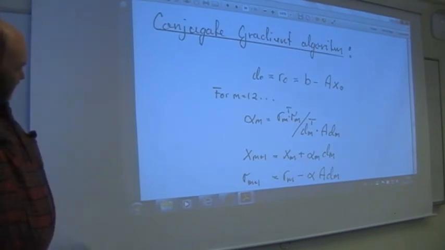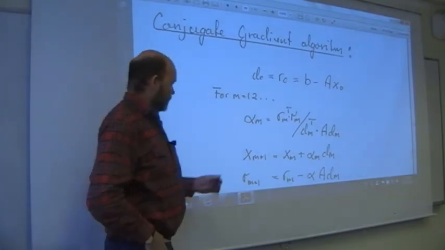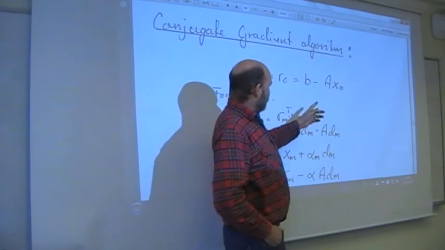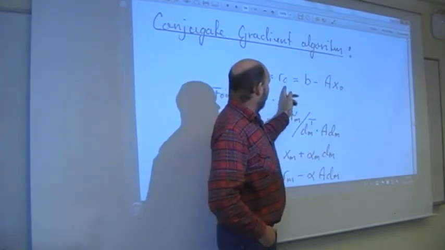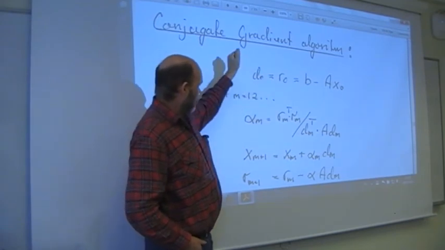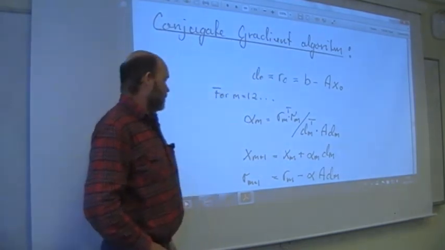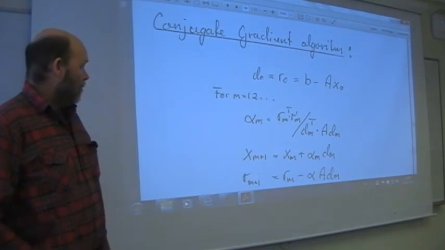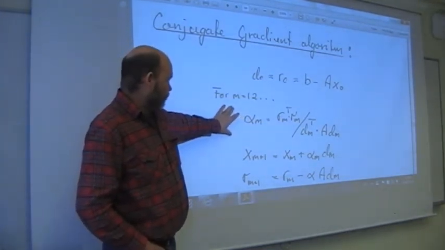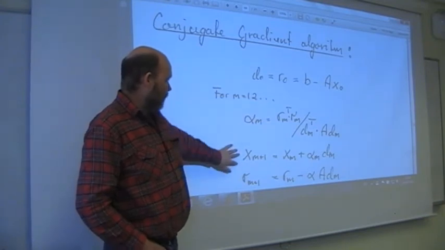The first step should be an ordinary steepest descent step the first time. You guess an initial point, find a residual, and here we also call it a D direction. First alpha as before, and then we update as before.